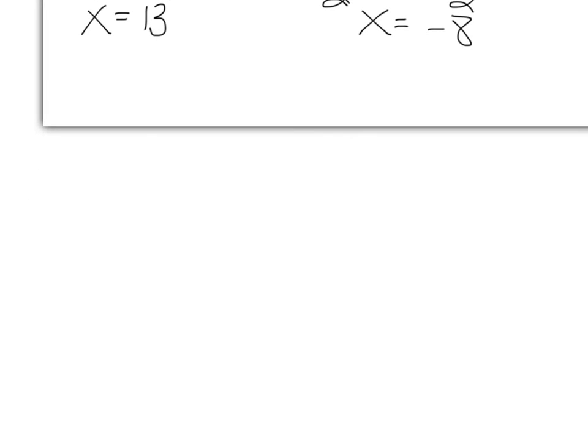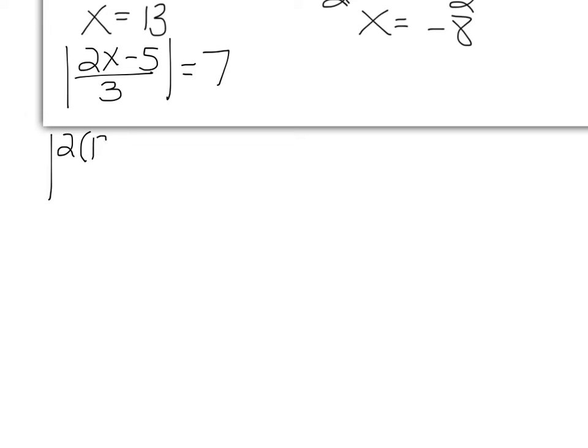Okay, let's go ahead and see if both of these solutions work. So when we plug in 13, we get the absolute value of 2 times 13 minus 5 over 3 is equal to 7.